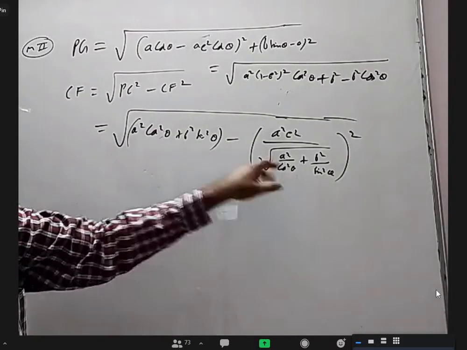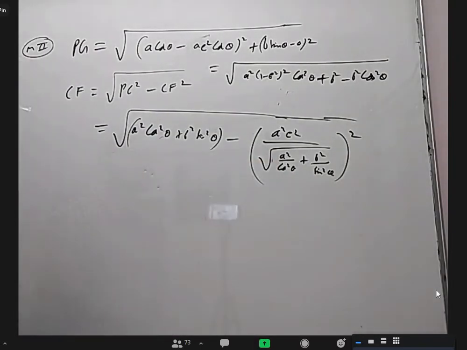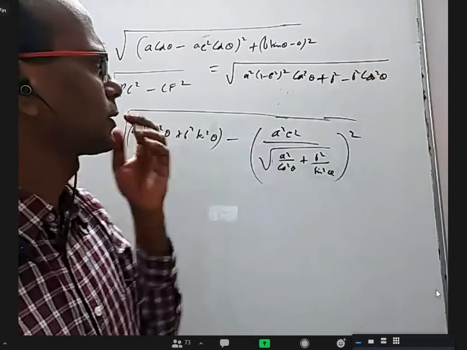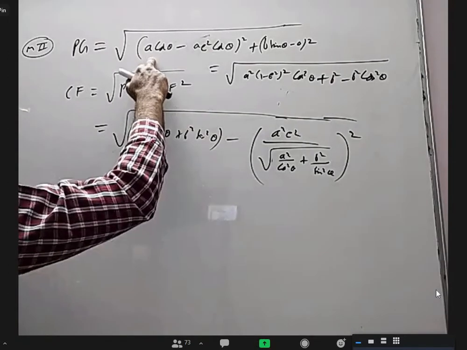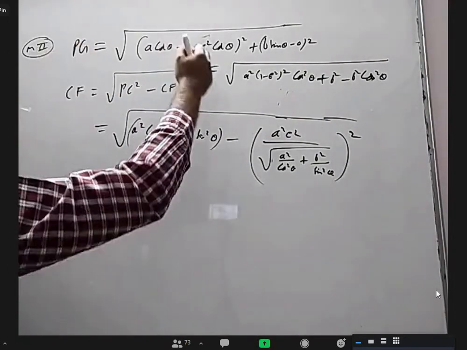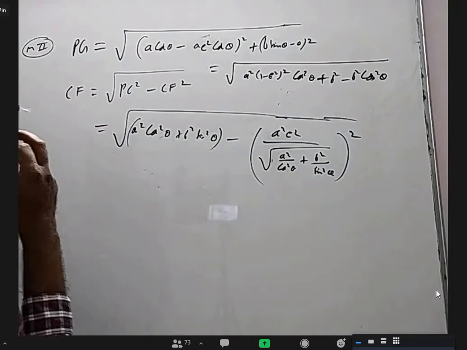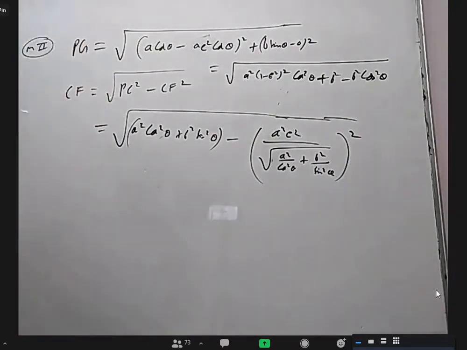I want to get A square sin square plus B square cos square. So I got but minus. This is A cos theta, B sin theta, and G is this only. A square into 1 minus E square I can write B square. But what about 1 plus E whole square?